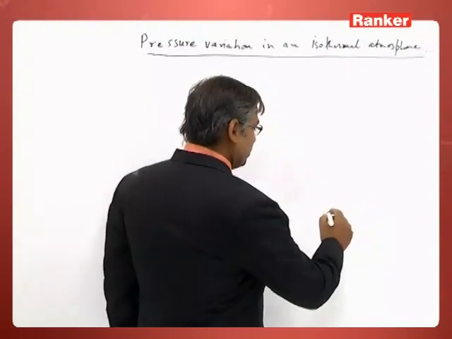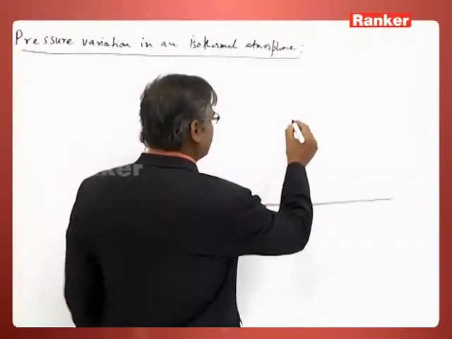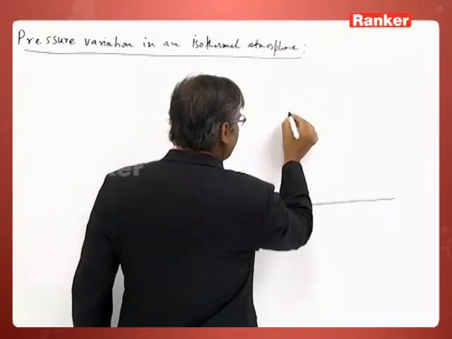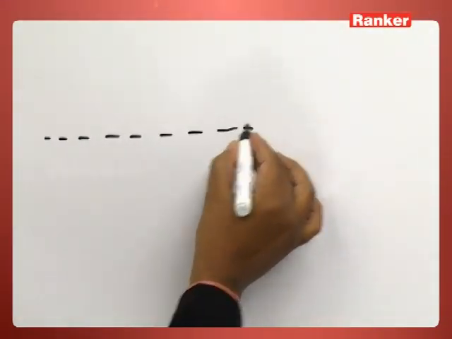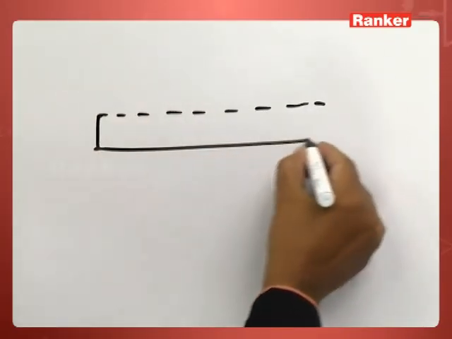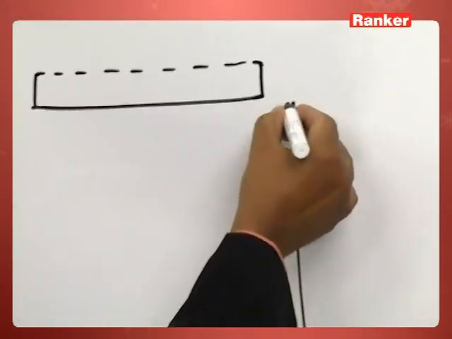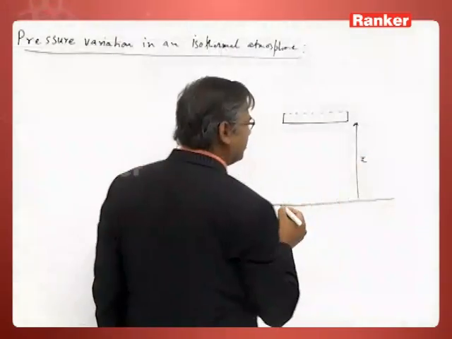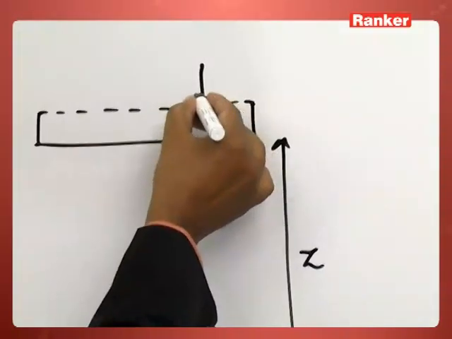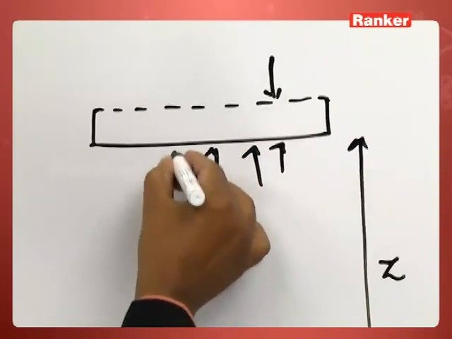So suppose this is the surface of earth, and suppose we take a cylindrical element at a height of h, or call it z. So this element will have pressure forces here.